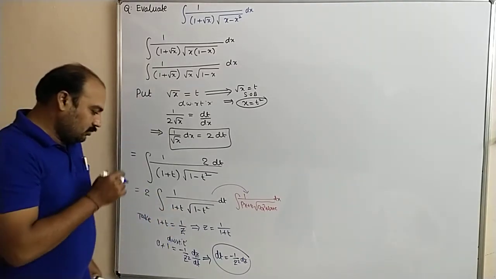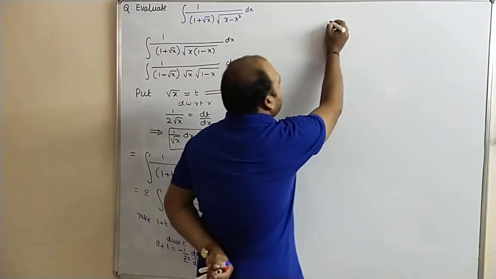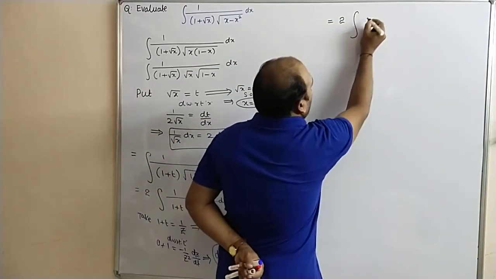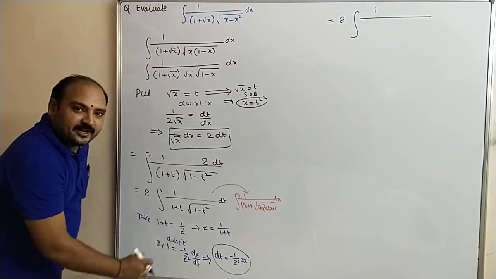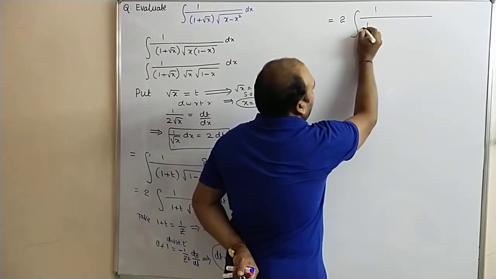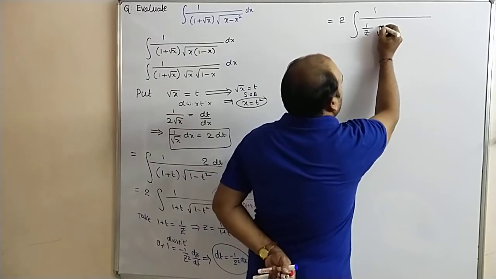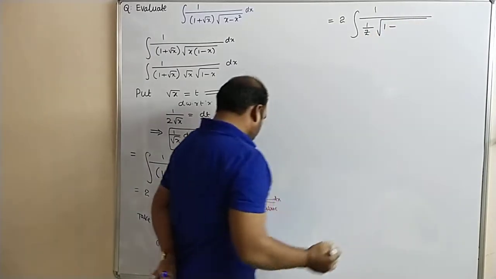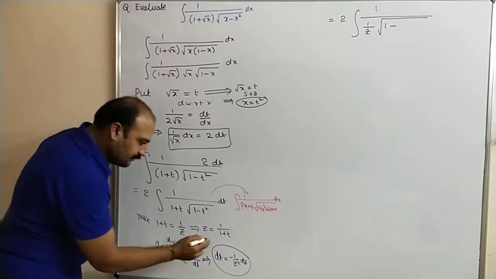Then procedure. Now this integral becomes 2 into integral 1 by, in place of 1 plus t, 1 by z, square root of 1 minus t square. T square means from this, t make it a subject.